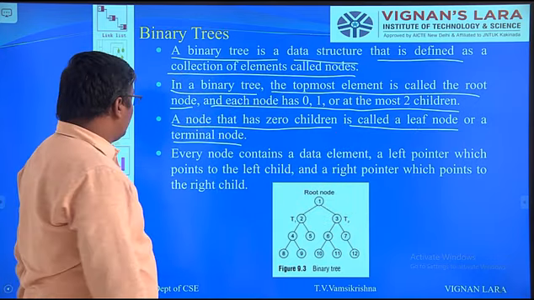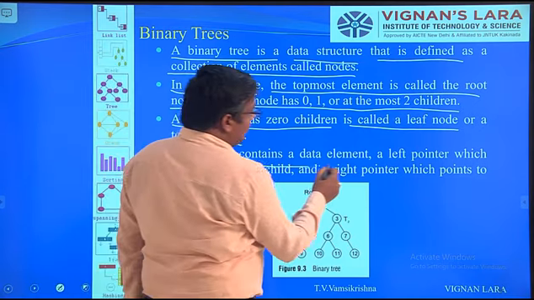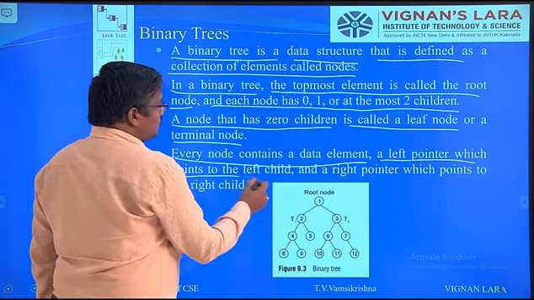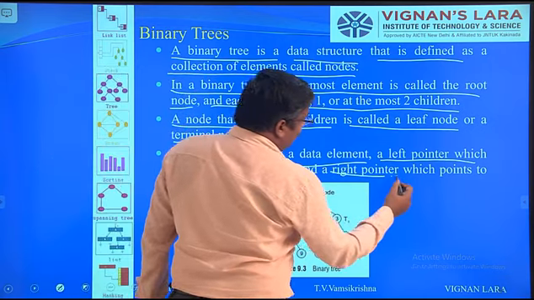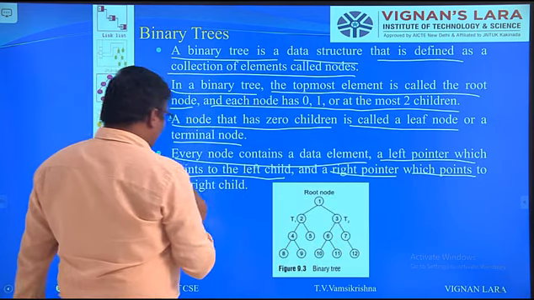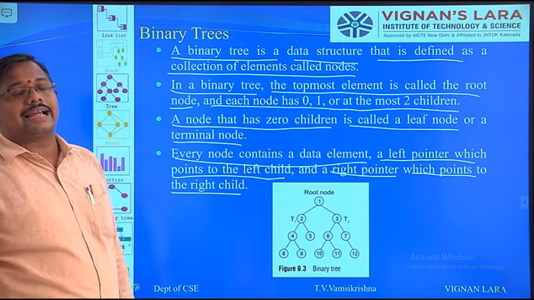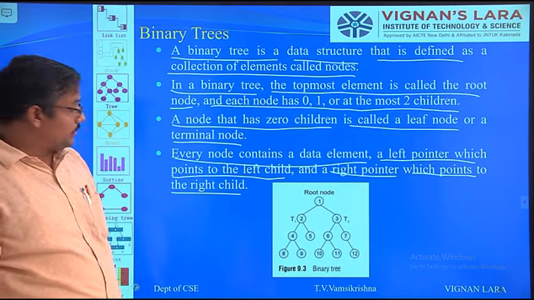Every node contains the data element, a left pointer which points to the left child, and a right pointer which points to the right child. This is a point related to the kind of representation.